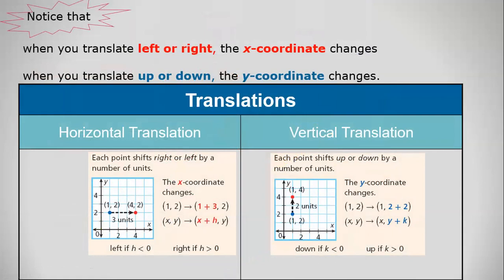Translation. What is the meaning of translation? Translation means moving left or right on the x coordinate. The point moves right or left in the x coordinate. The point also moves up or down, so it moves in the y coordinate.